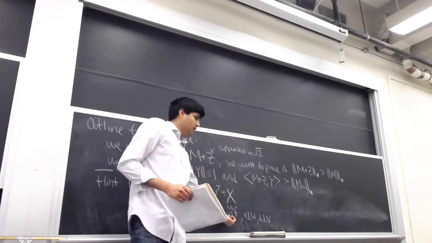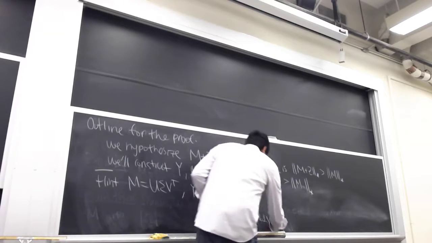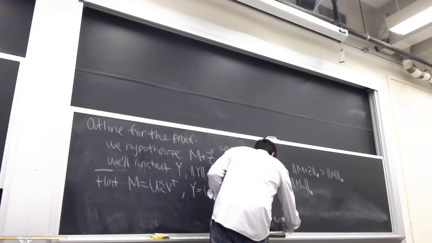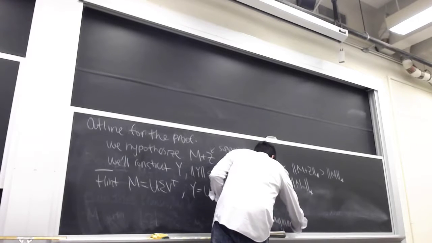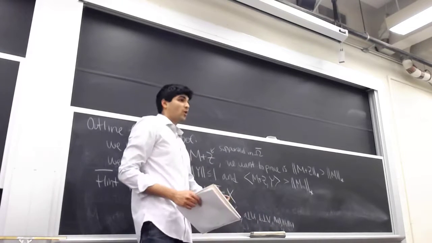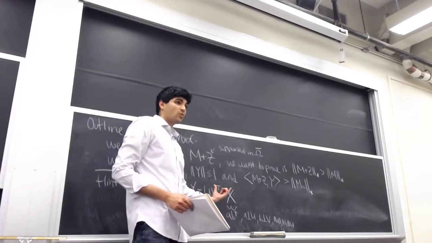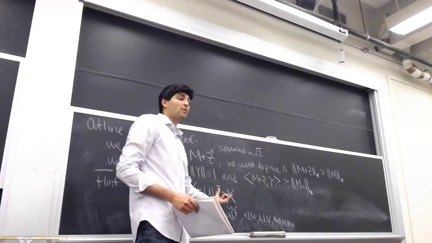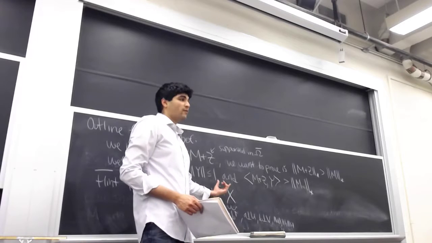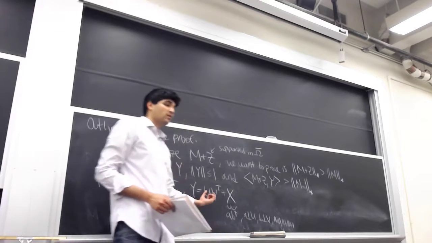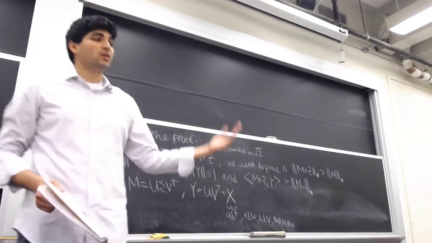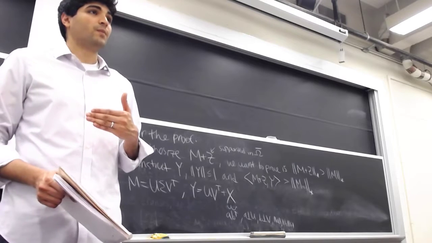When I add these in, if they're unit vectors, then lo and behold, I have something which is still operator norm at most 1. So I have all this freedom about how to extend this low rank matrix in the orthogonal complement.